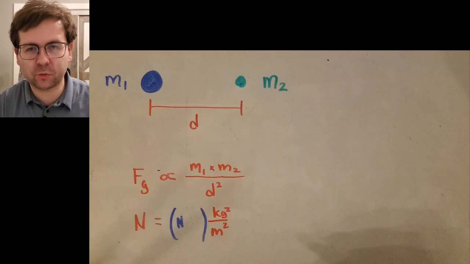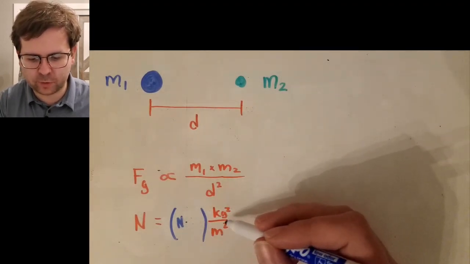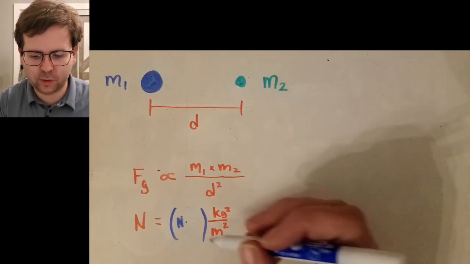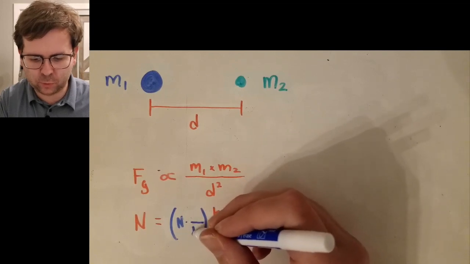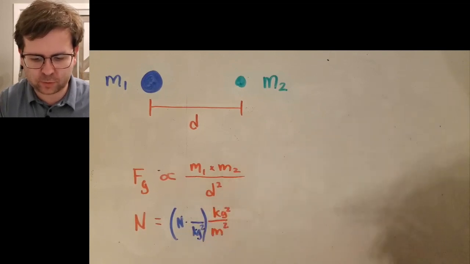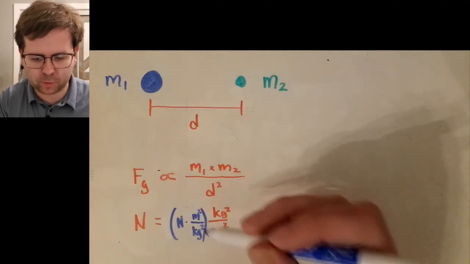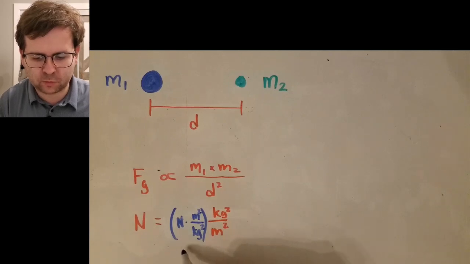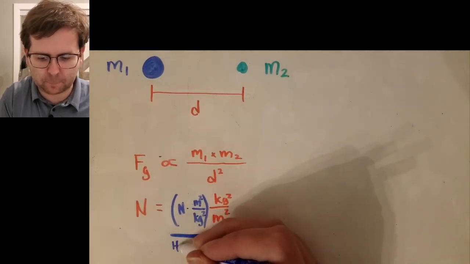The only way that's possible is if we have a unit that cancels out the kilogram squared and the meter squared. And so we need to basically undo those. I'm going to cancel out the kilogram squared by putting that on the bottom, and then the meter squared by putting that on the top. Our conversion factor is going to have these units, but how much do we need here?